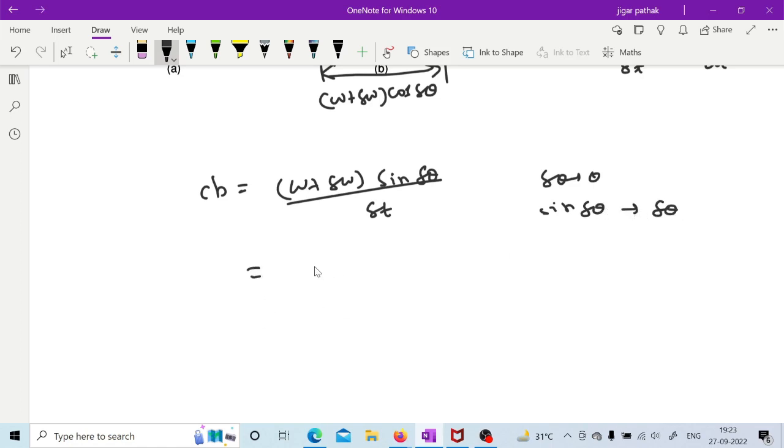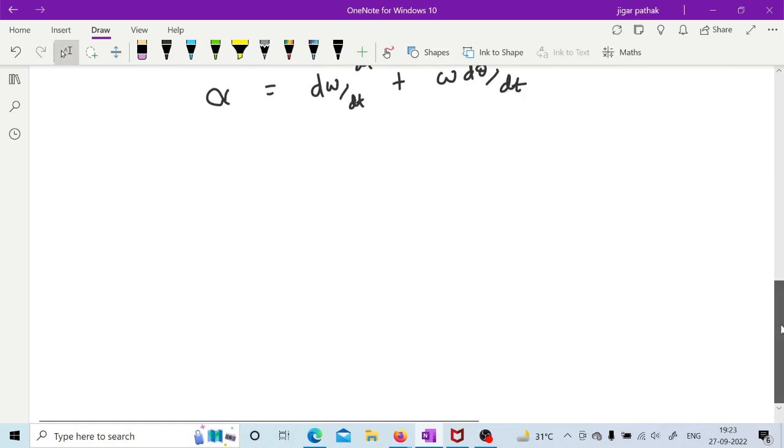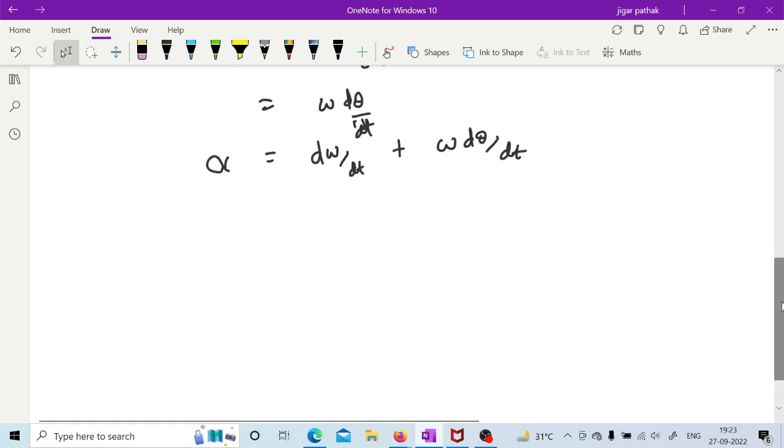The term delta omega delta theta by delta t is very small, so you can neglect it. Only omega delta theta by delta t remains, which is omega d theta by dt. So the total angular acceleration alpha is given by both components: d omega by dt plus omega d theta by dt.